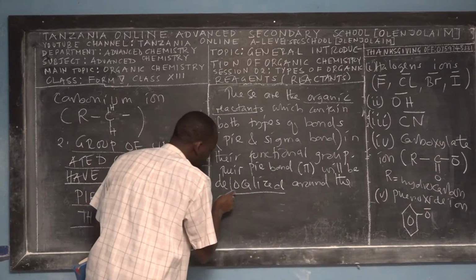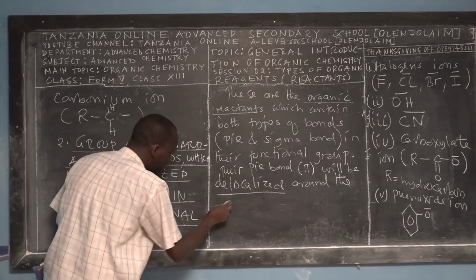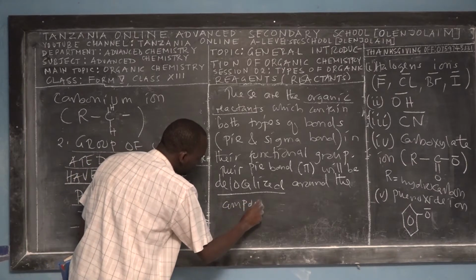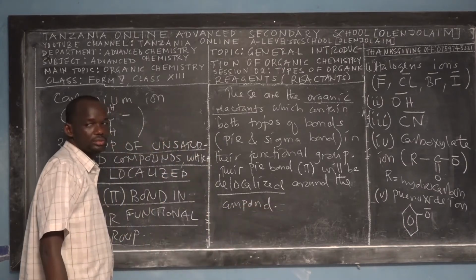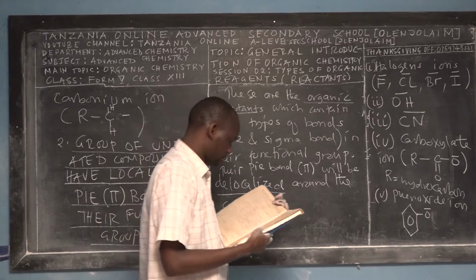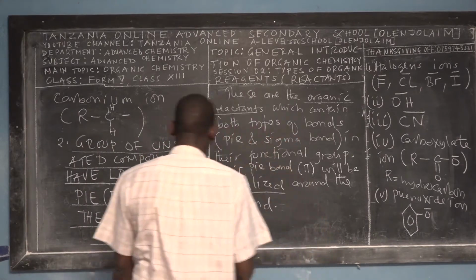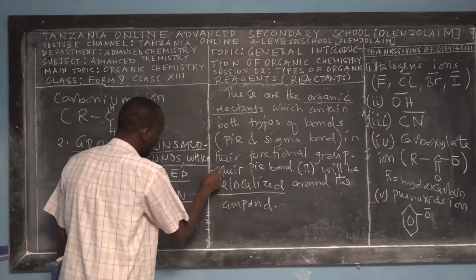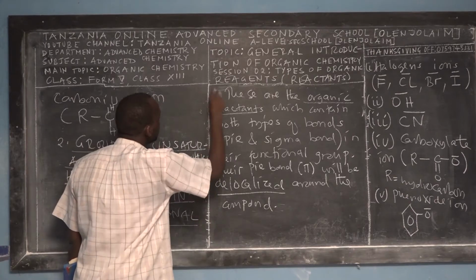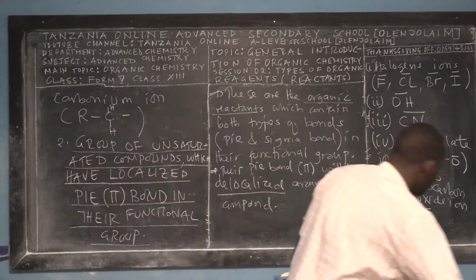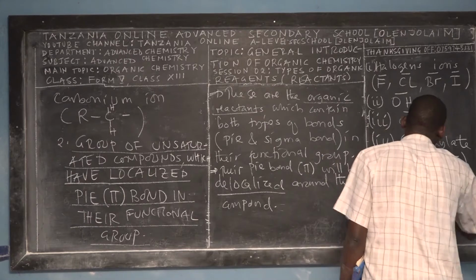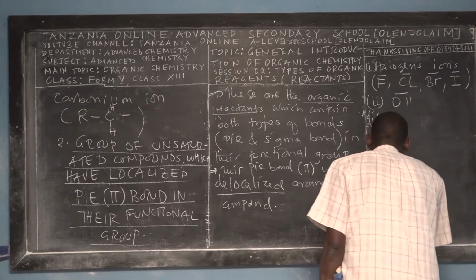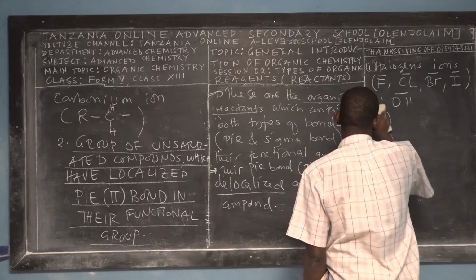Delocalized means the position around the compound. So what happens? If they contain a delocalized pi bond, the sigma bond will never be delocalized. It will be there.